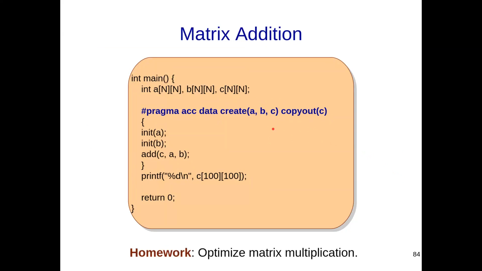Okay, so one homework is you can try optimizing matrix multiplication. So we have these 3 nested loops IJK, and you want to specify the data clauses as well as probably the copy in, copy out clauses and the present clauses at appropriate places.